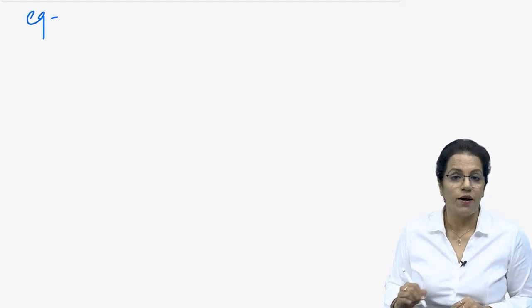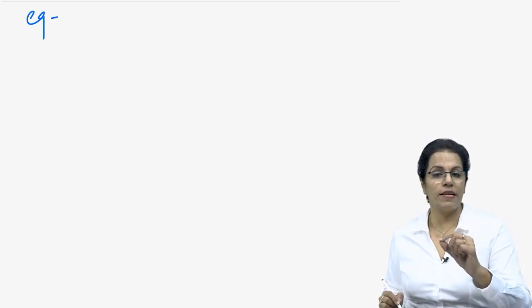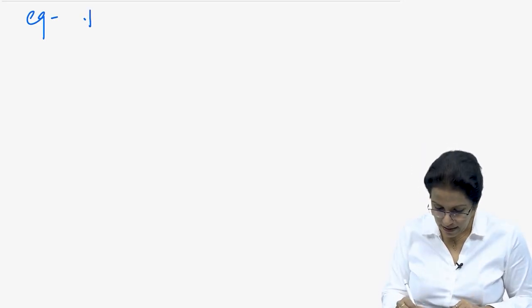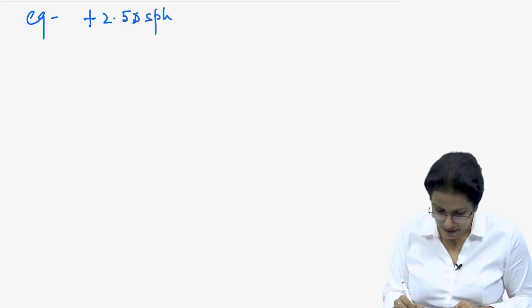So once you know that this is called near glass or presbyopic glass, now let's understand it by an example. I have a patient who comes to my OPD, he is 60 years old and he is using a near glass of plus 2.5 diopter spherical. I do his refraction, I give him plus 2.